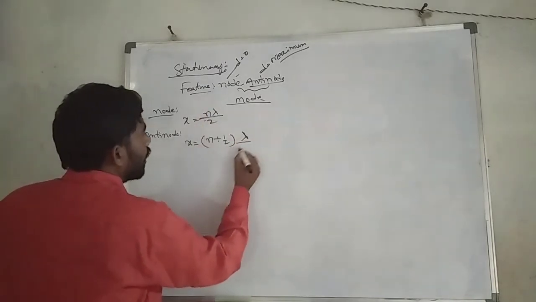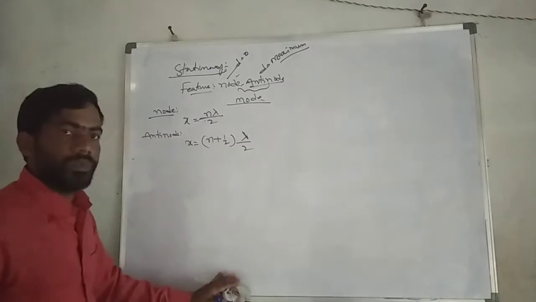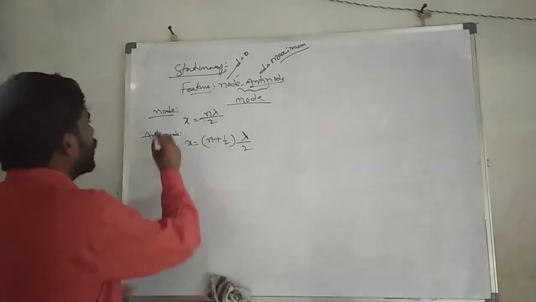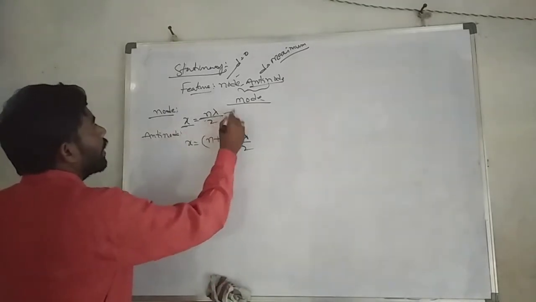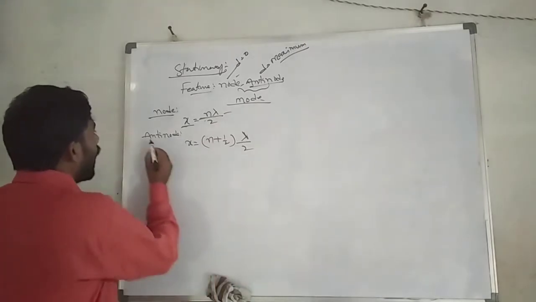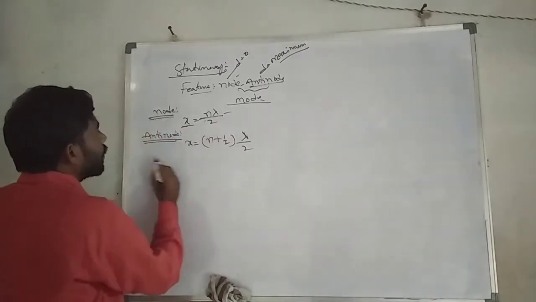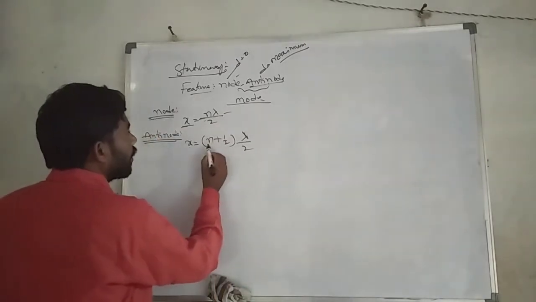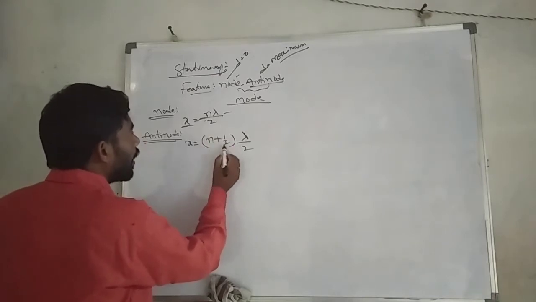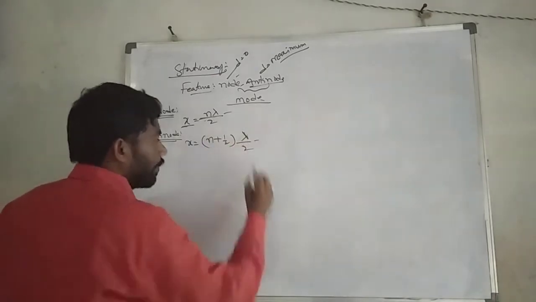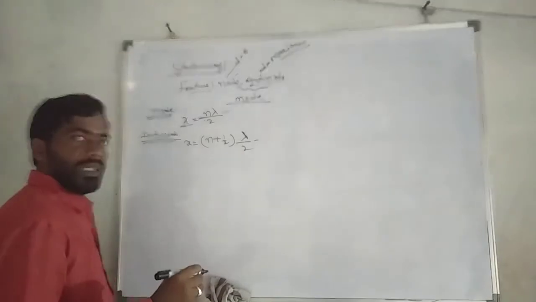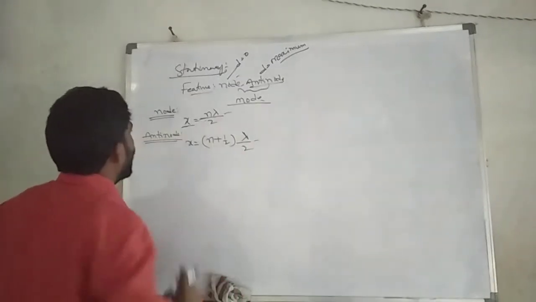The first one is node displacement, x equal to n lambda by 2. For the antinode, x equals n plus 1 by 2 of lambda by 2. In this case, we apply this to node and antinode.